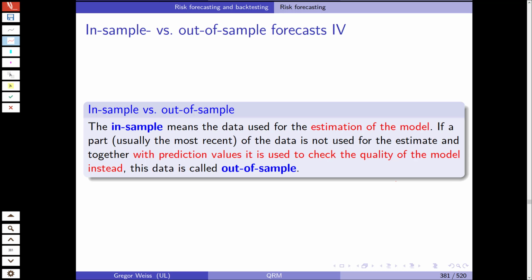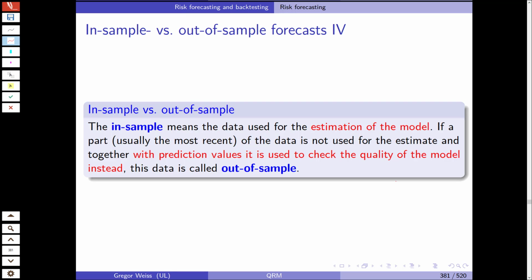Now in-sample means the data sample used for estimating a model, whereas the out-of-sample is usually the most recent or more current part of the data, which is not used for the estimation, and it's compared with the predicted values, and you check the validity and the quality of your model out of sample.